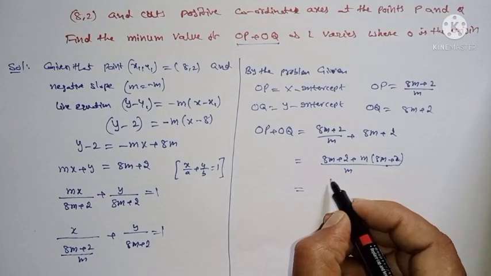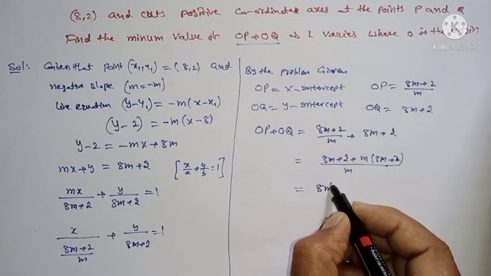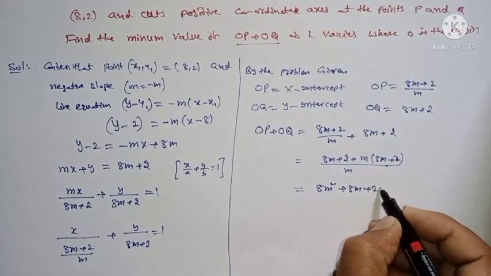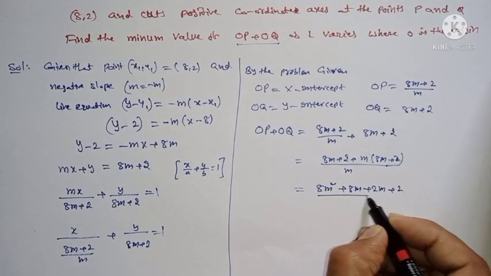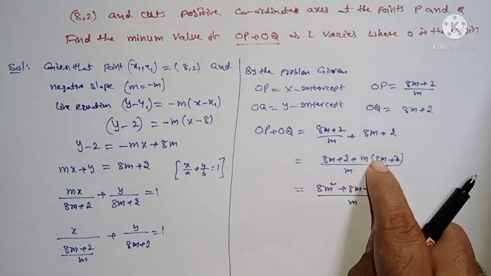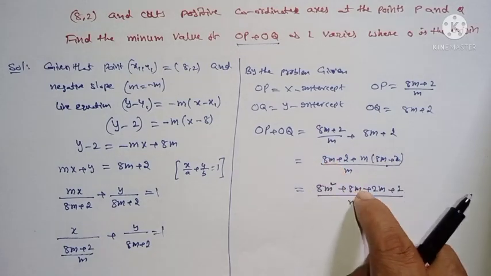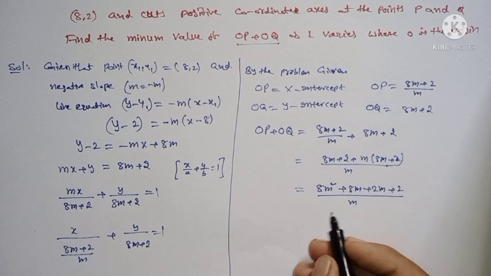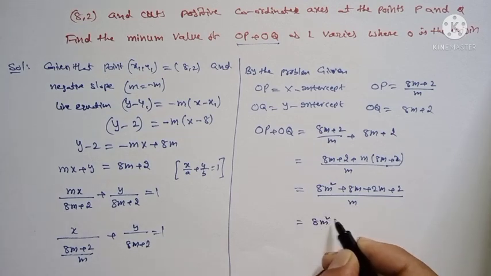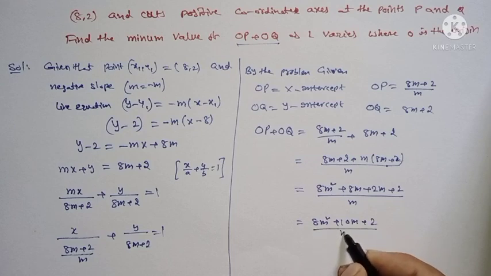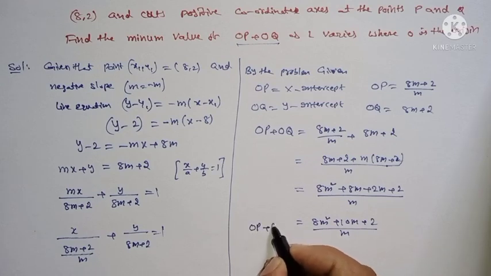Therefore this can be written as 8m square plus 8m plus 2m plus 2, all by m. Once again listen: 8m square is 8m into m, plus 8m as it is, 2 into m is 2m, plus 2 as it is. You get finally 8m square plus 10m plus 2 by m. This is OP plus OQ. Then find the minimum value.